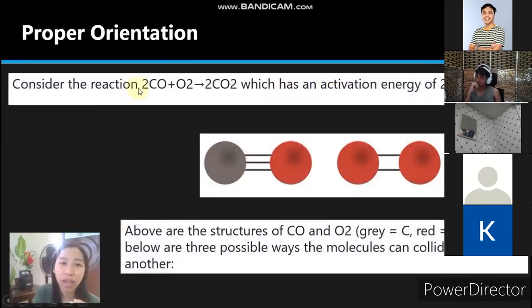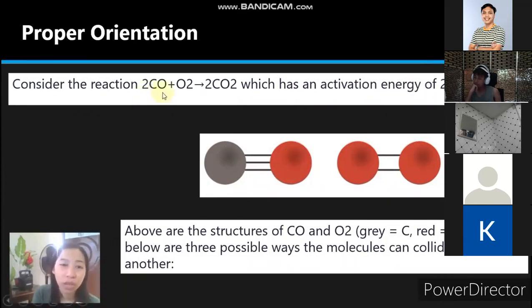Now, consider the reaction of two CO molecules or carbon monoxide molecules. Mao ni siya ang carbon monoxide. The gray circle indicates your carbon atom, and the red circle indicates your oxygen atom. No?